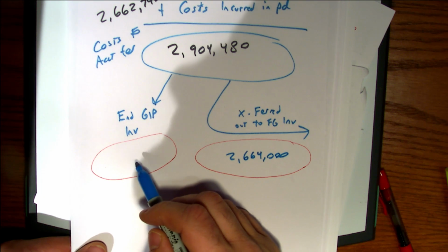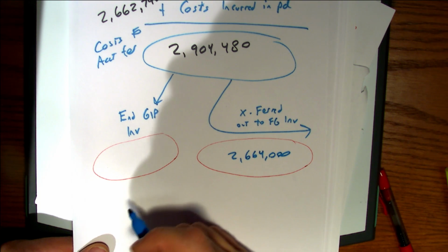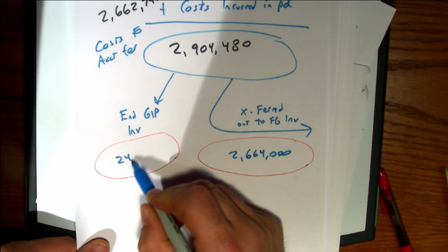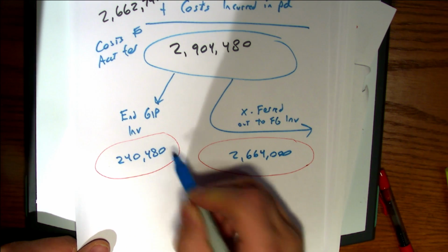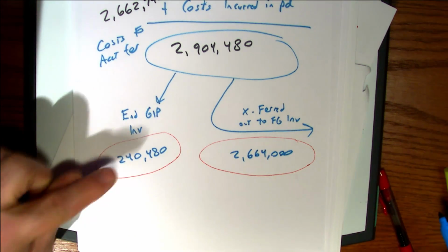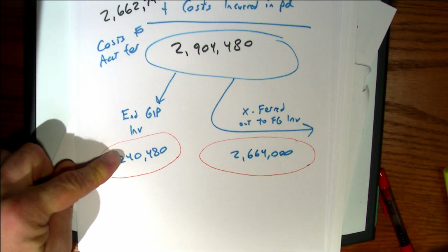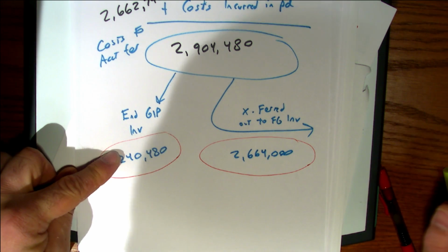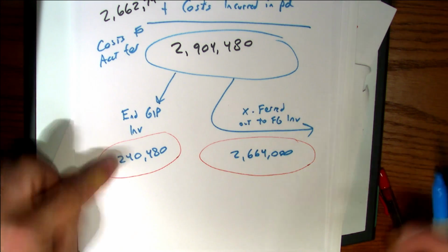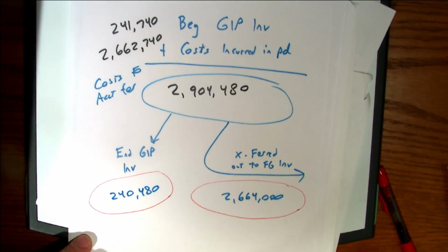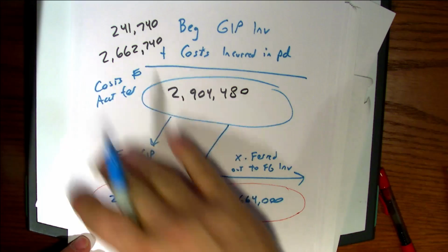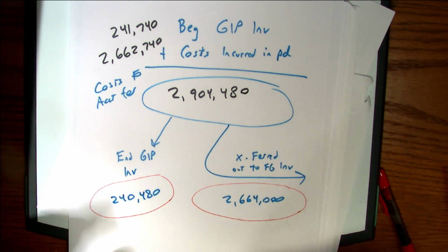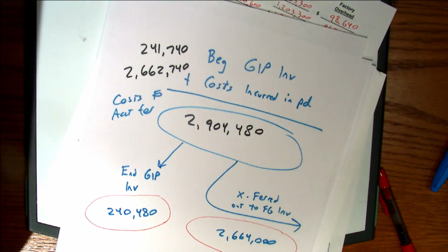And the amount that remains in ending goods in process inventory is 240,480. And of course, that will be the beginning balance of goods in process for June, and we can do this all over again. But all this was done so that we could do this for process costing. You with me? Okay, you can come off that.